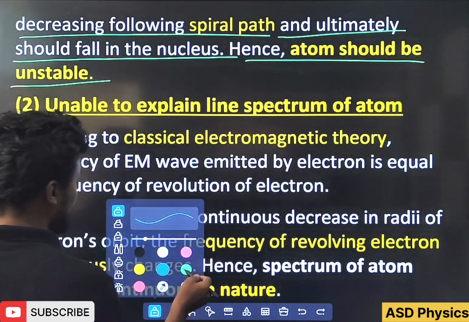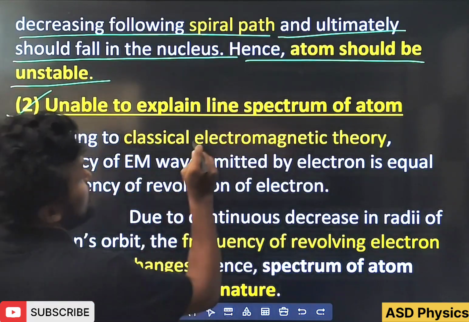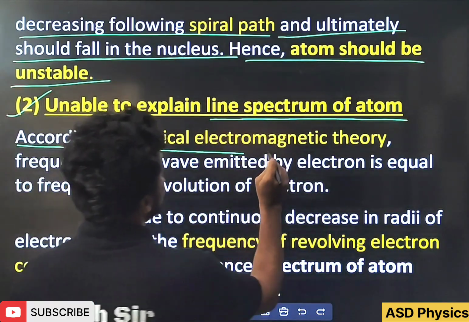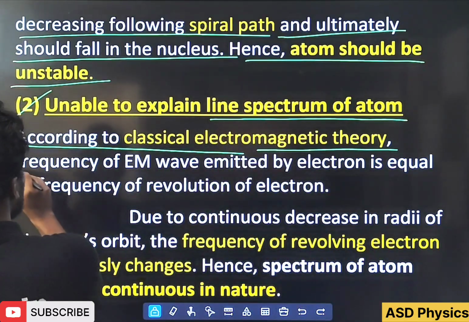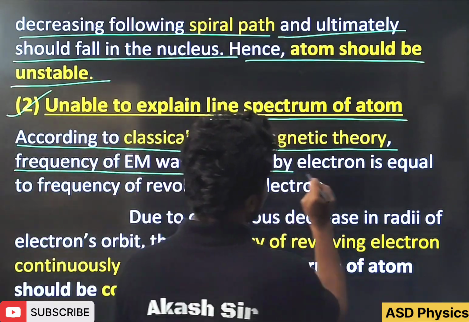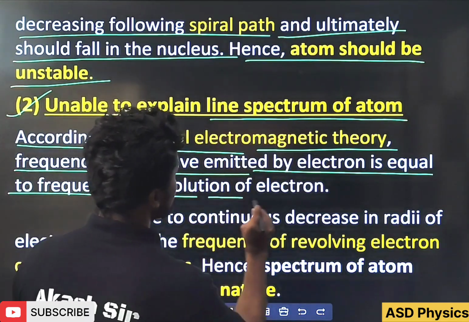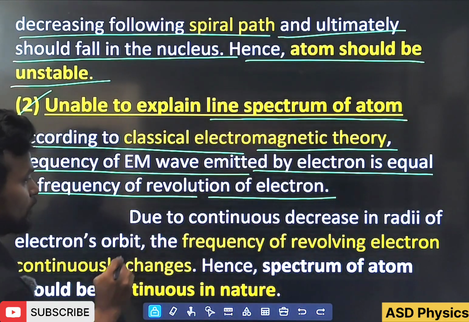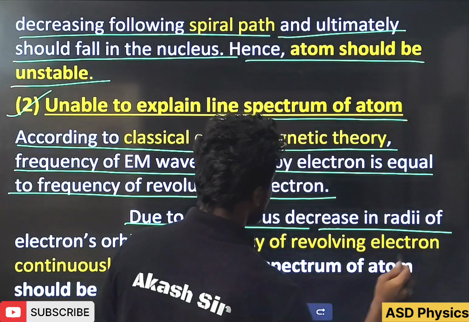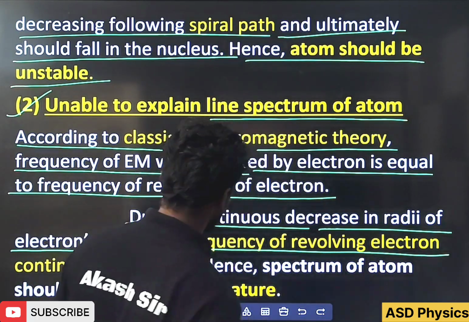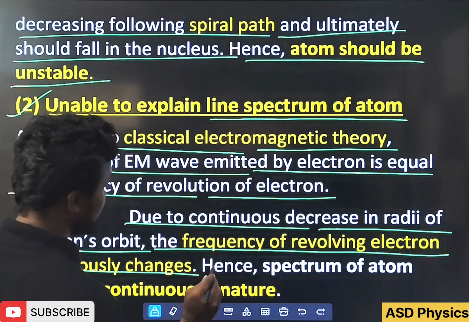Unable to explain the line spectrum of the atom. According to classical electromagnetic theory, the frequency of the EM wave emitted by the electron is equal to the frequency of revolution of the electron. Due to the continuous decrease in the radii of the electron's orbit, the frequency of the revolving electron continuously changes.